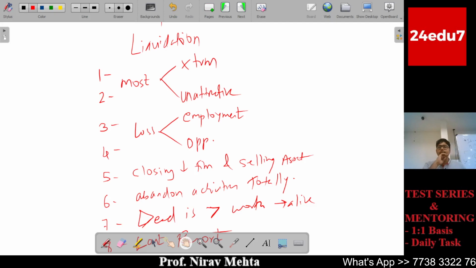Of employment and opportunities. Point number 5, closing down firm and selling asset.